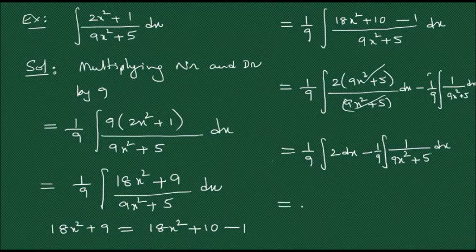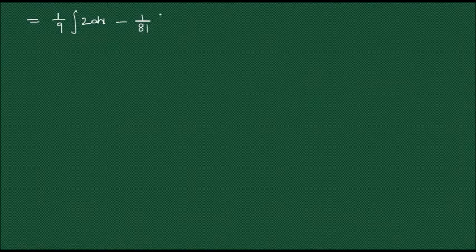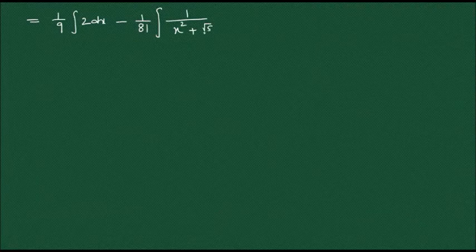Now this is equal to, I am writing 1 by 9 integration of 2 dx, I will do the integration afterwards, minus 1 by 9 of, I am taking common in the denominator 9, then x square plus 5 by 9 dx, is equal to 1 by 9 integration of 2 dx minus 1 by 9 into 9 is 81 integration of 1 by x square plus 5 by 9, I am writing as root 5 by 3 whole square dx.